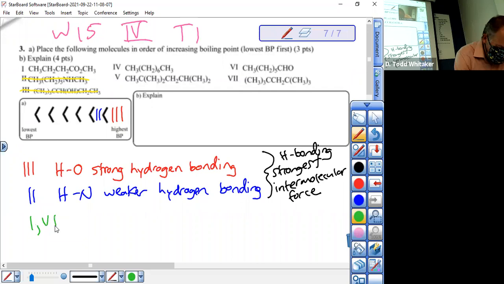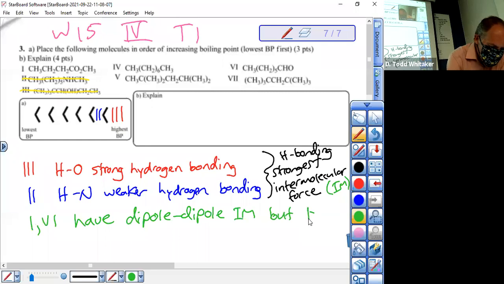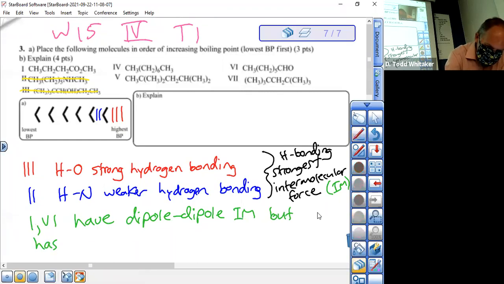1 and 6 have dipole-dipole IM. You should say what IM means. There, I'm saying what it means. Back in the day, instant messenger, right? Dipole-dipole, IM, but 1 has less London.